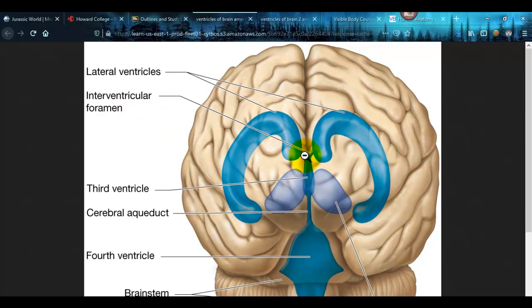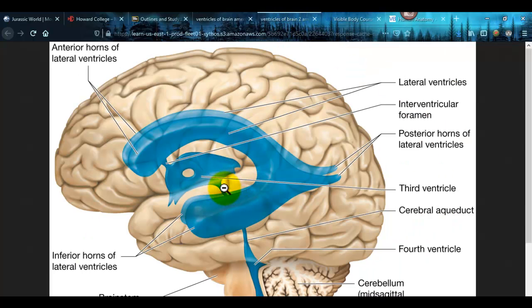The interventricular foramen is these two openings that connect to this area in the middle, which is called the third ventricle here. There's the fourth, and then there's that cerebral aqueduct I was showing you before. So third ventricle here, cerebral aqueduct is coming down this way, and this is the fourth. This is inferior horn. Fourth, I'm sorry, right here.